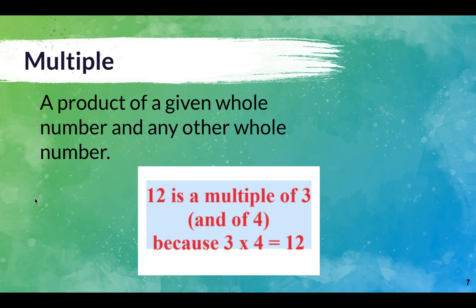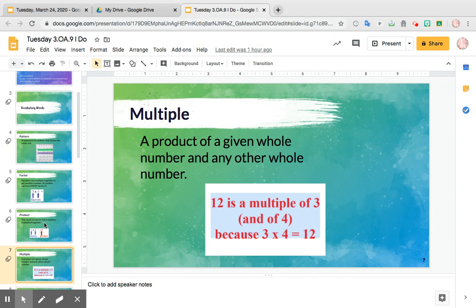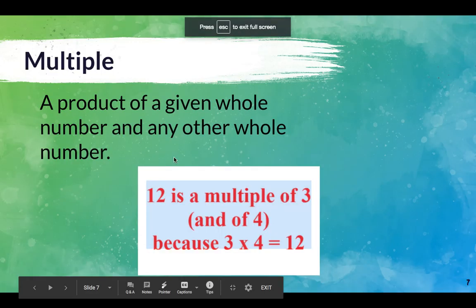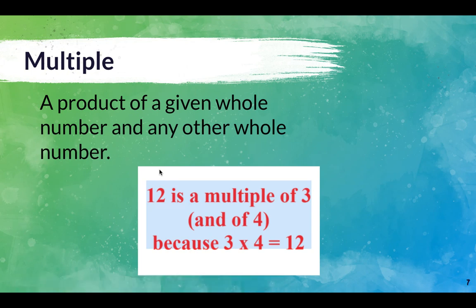Now, this is where it comes into play about a number having many factors. So a number can have many factors, like the number 12. Again, factors are numbers that I multiply together. So 12 has the factors of 3 and 4 because 3 times 4 gives me 12. 12 also has the factors of 6 and 2 because 6 times 2 gives me 12. 12 also has the factors of 12 and 1 because 12 times 1 gives me 12.